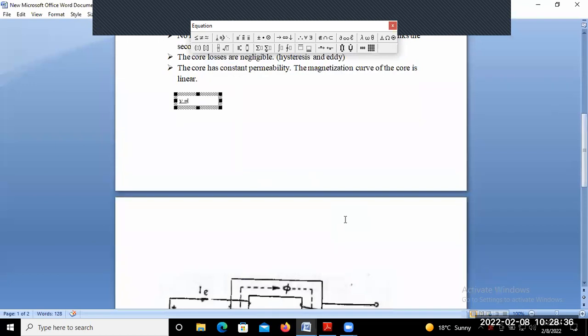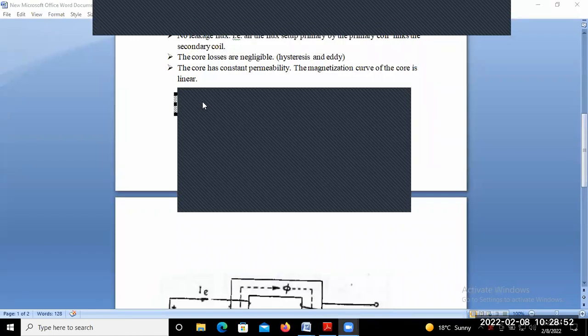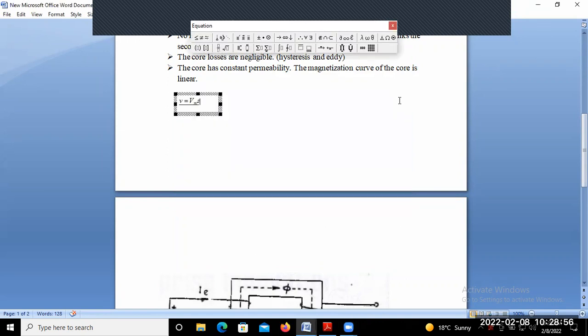Small v equal to V suffix m, maximum, sin omega t.